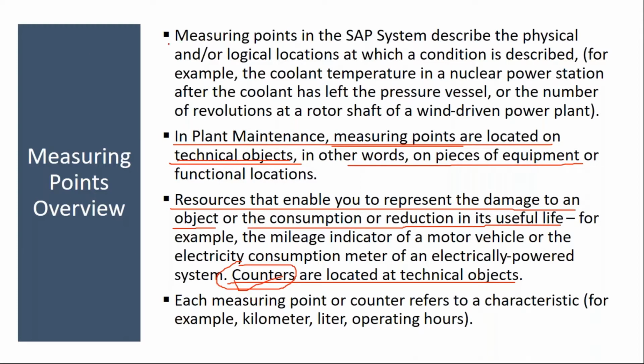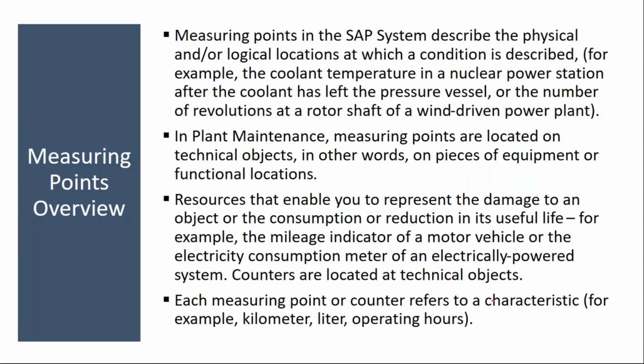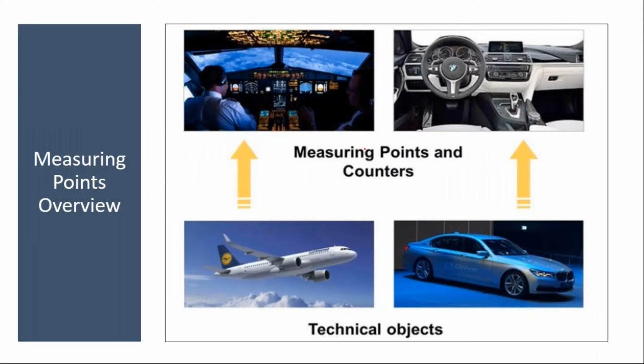So you have normal measuring points and you have counters. Each measuring point or counter refers to a characteristic. This I will show in the system. In yesterday's class, we discussed how to create characteristics. So we will be using those characteristics here also. So basically, the measuring points and counters are created for technical objects like machines and vehicles.